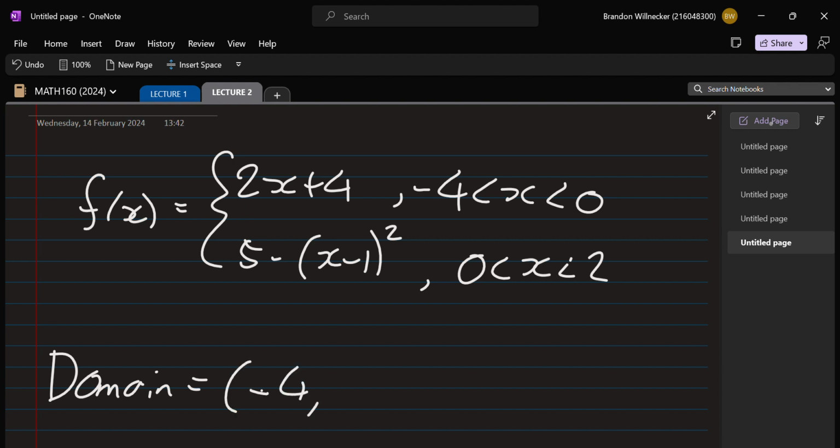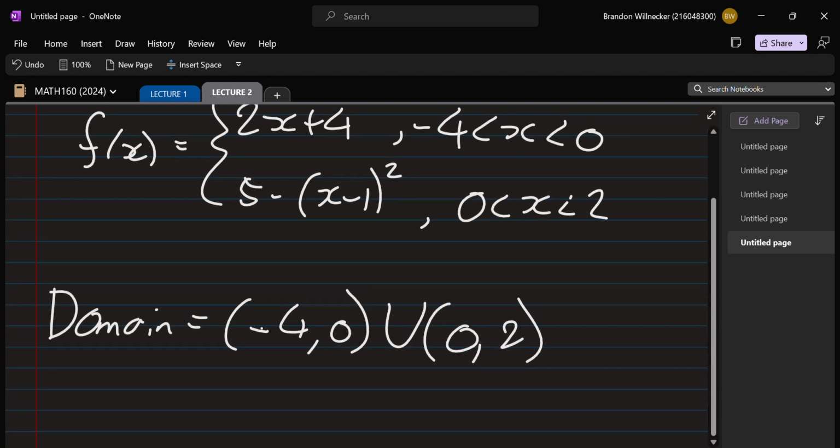So the domain, -4 to 0, open bracket, because nothing is included. There's not one equal sign there. Union, right, because we want to look at the full domain. 0 to 2, again, open brackets, because we are not including any of that. Okay.